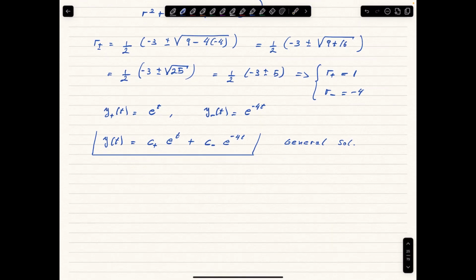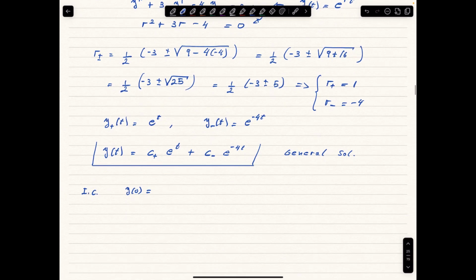So now we have initial conditions. The initial conditions are that y at 0 is 2, and then the derivative is 3. And we want the function that has derivative 3.